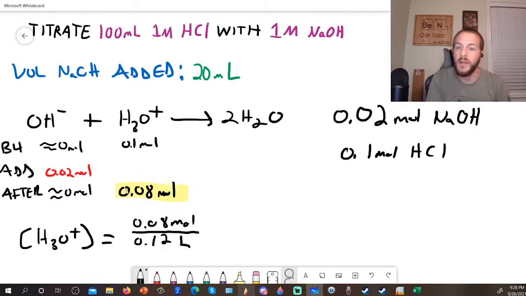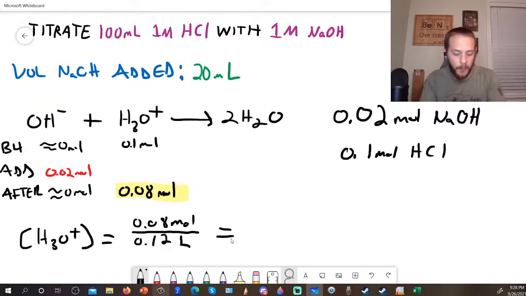The addition was 0.02 moles of hydroxide ion, right? All that hydroxide gets neutralized because the hydronium is in excess, so we end up with 0.08 moles of hydronium ion, and now we need to divide that by the total volume to get the molar concentration, the molarity of the hydronium ion. So we end up with 0.08 over 0.12.